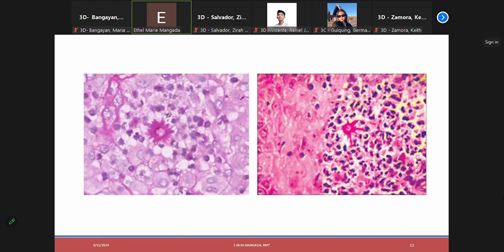Kung maalala nyo kanina yung sinabi natin, di ba, merong appearance ng mga asteroid bodies or we call the Splendore-Hoeppli phenomenon. So meron po itong yeast cell natin and then it has radiations, okay? Eosinophilic materials that radiates, giving it this asteroid appearance. So that's characteristic of your Sporothrix schenckii.